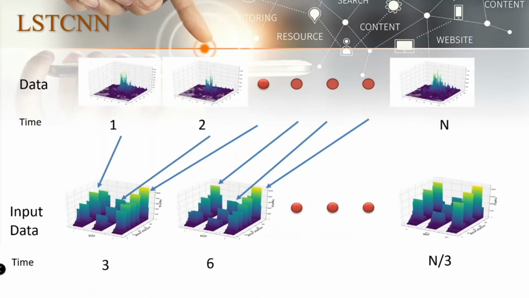This is the process of our data preprocessing. Through such data conversion, when performing convolution operations, the temporal dependence features can be extracted from the vertical axis, and the spatial dependence features can be extracted from the horizontal axis.